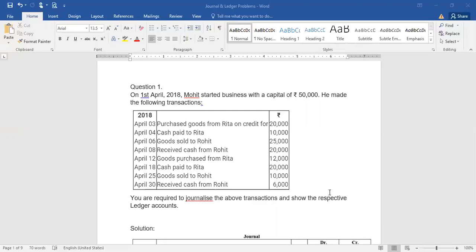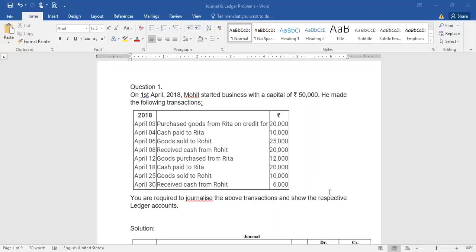Then we have to ascertain the nature or the type of the accounts involved, whether it is real, nominal, or personal. And thirdly, we should apply the relevant rules of debit and credit: which account is to be debited and which account is to be credited. And finally, we have to go for passing the entries in the journal.